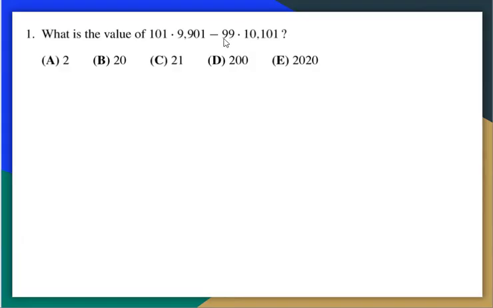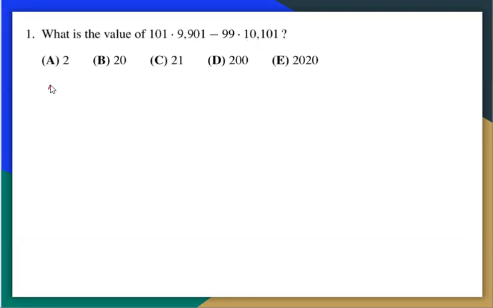So we have 99, but this is 101. Maybe we can write this as 99 plus 2, or this is 101 minus 2. Either way should be okay, but let me write this one as 101 minus 2 and then multiply with the other one.